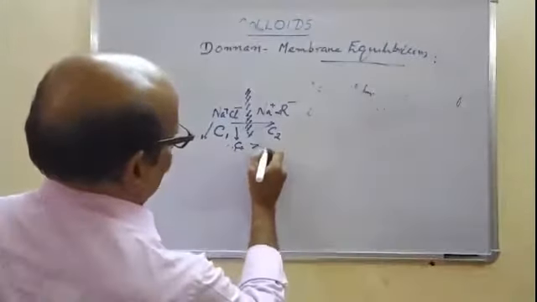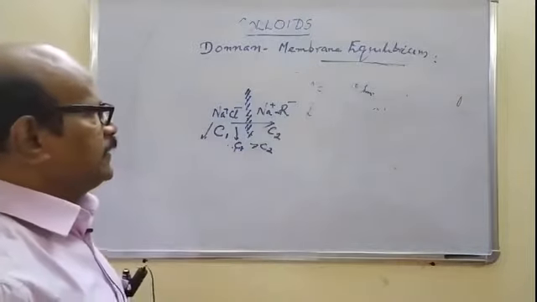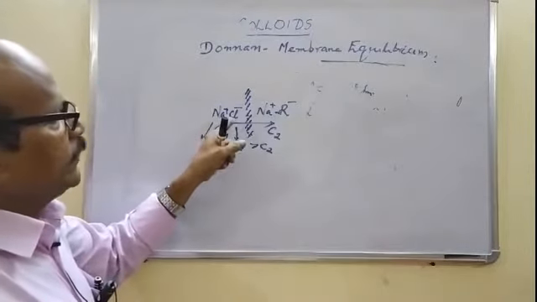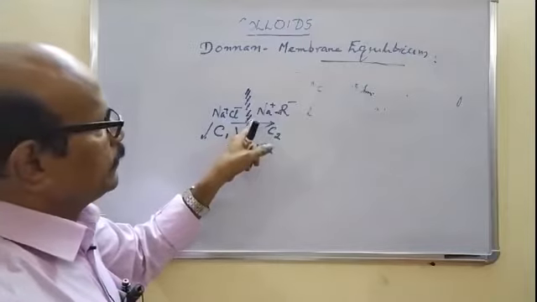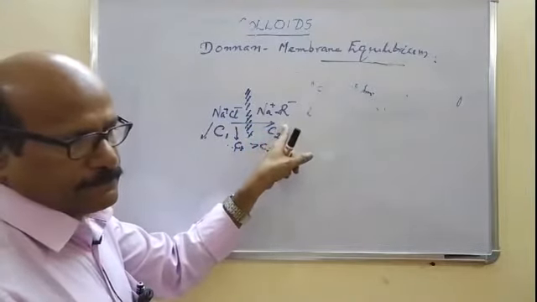C1 is greater than C2, on account of the concentration gradient. Both sodium and chloride ion will diffuse through the membrane into the right side, Na plus R minus.